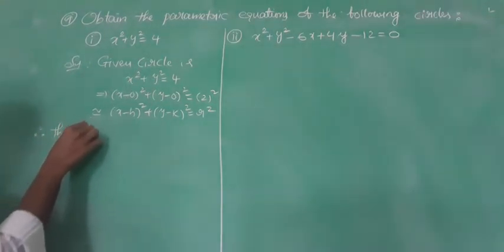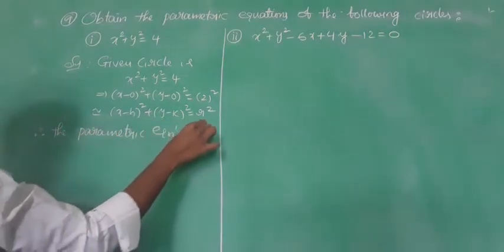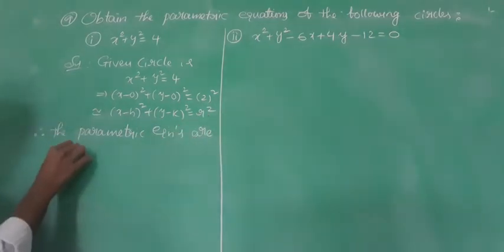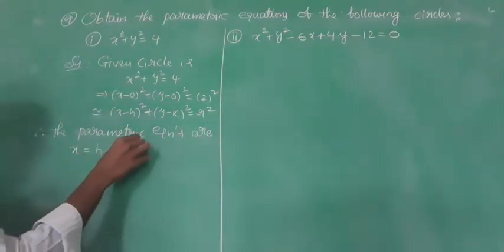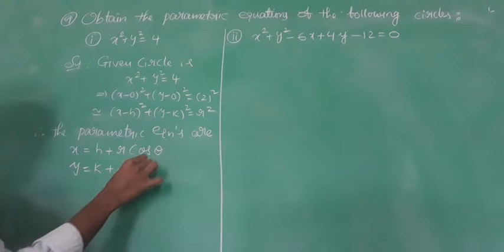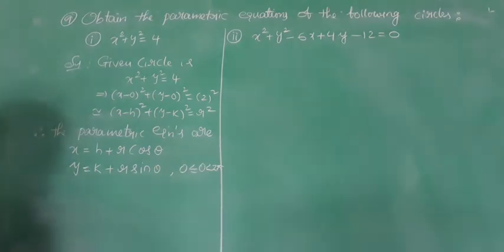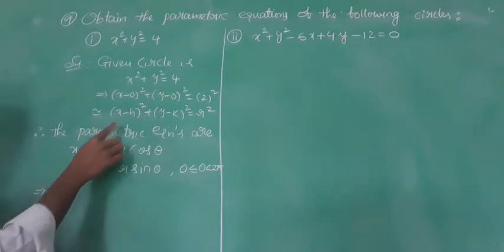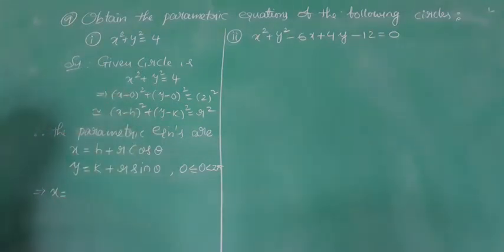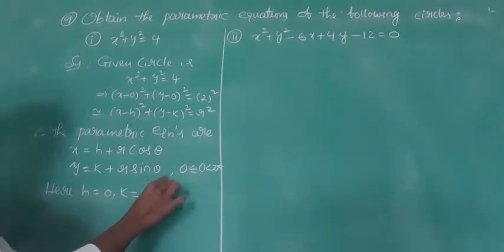The parametric equations are x = h + r cos θ and y = k + r sin θ, where 0 ≤ θ < 2π. Here h = 0, k = 0 and r = 2.